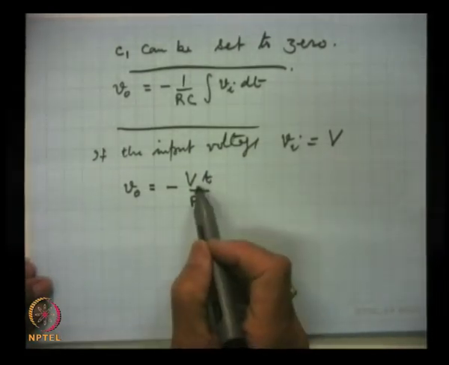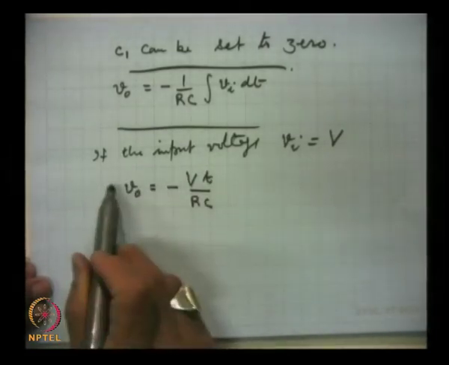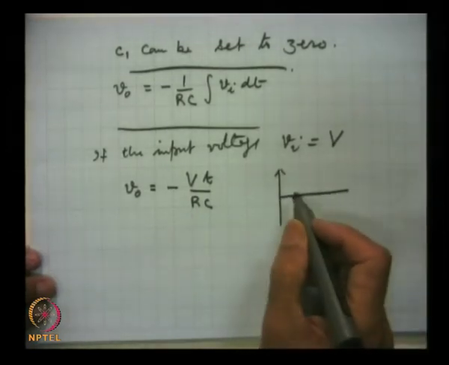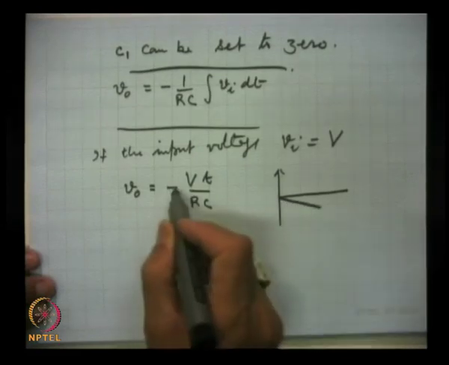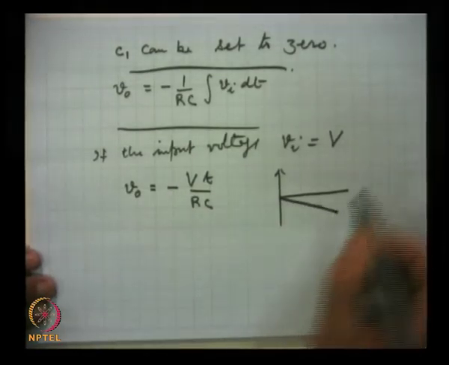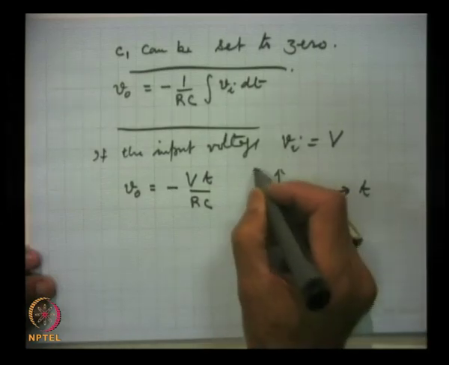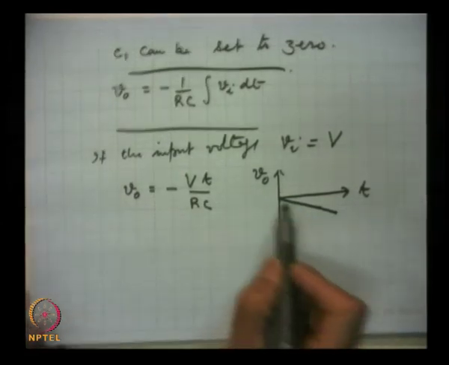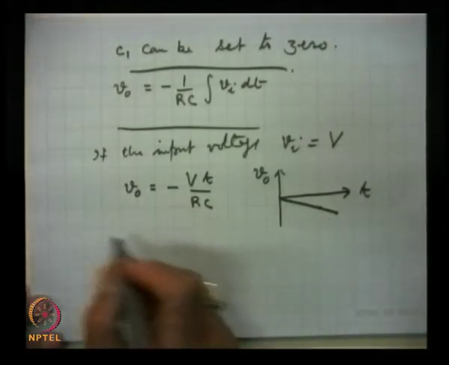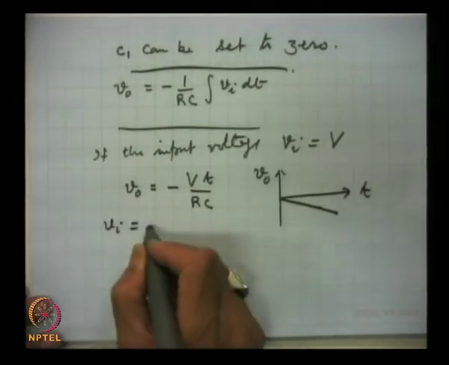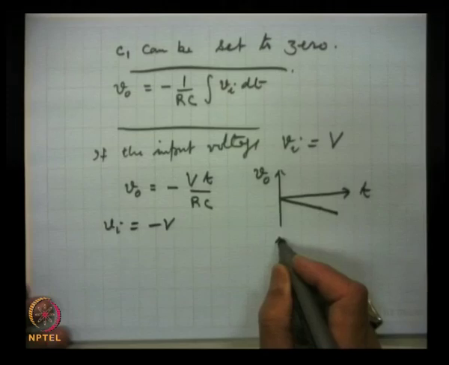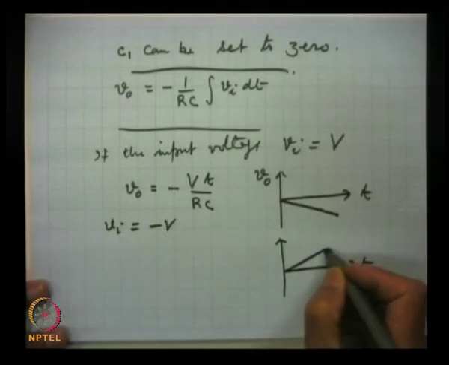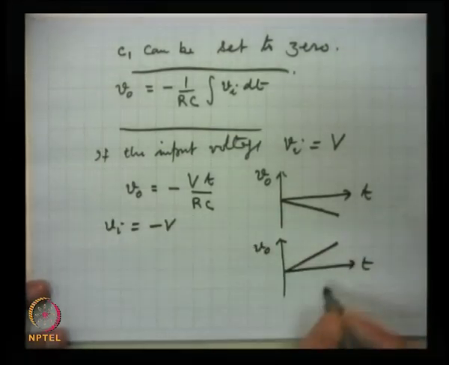So, from time 0 to time t, this will be keeping on changing. So, it will be a ramp, the output will be a ramp because of this negative sign, it will be going this way. This is time and this is the voltage V0. So, a constant input voltage, if it is positive, the ramp will be like this. If Vi is a negative voltage, then the ramp will go in the other direction. This is V0 versus T.